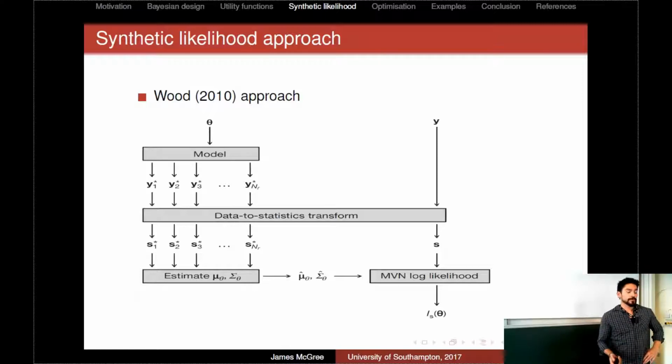So Wood maximized this synthetic likelihood to give an estimate for theta. In our case, we'll be using it within a Bayesian framework for a similar purpose. We just need an estimate of our likelihood so that we can estimate the utility function.